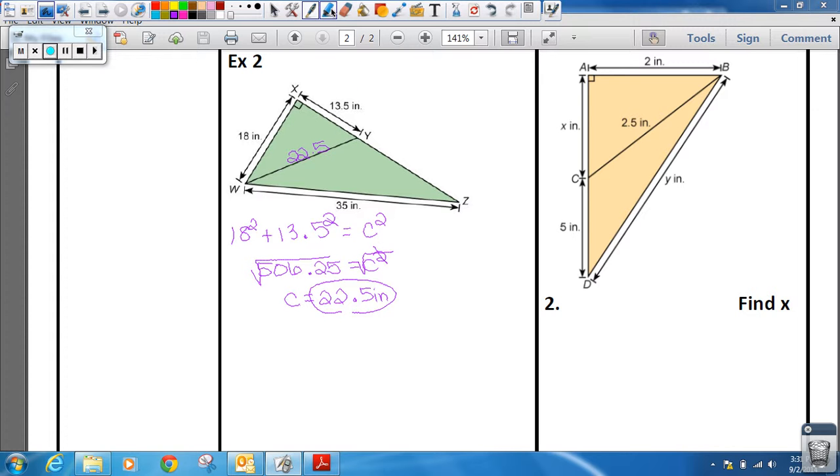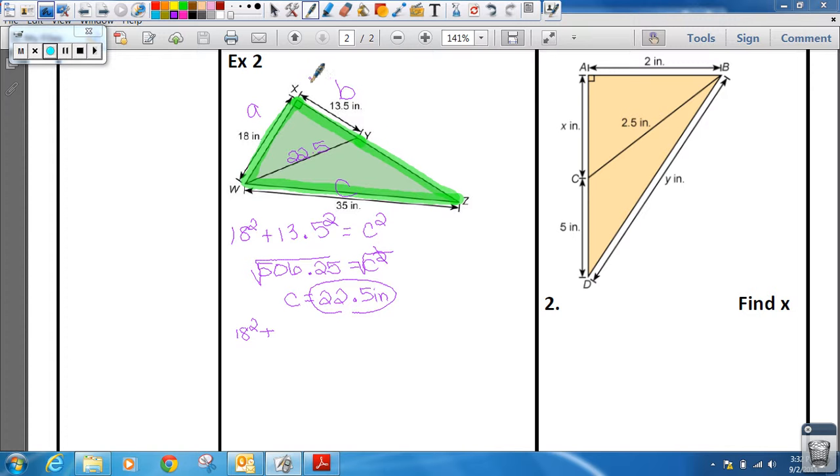The other side that's missing is this side right here. So I have to include this in a right triangle in order to solve. So the right triangle is this large triangle here. Well, if I notice my side lengths, I have A, B, across from the 90 is C. So to do this, I have A is 18 squared plus B. I don't know the total length of B. I only know this part.